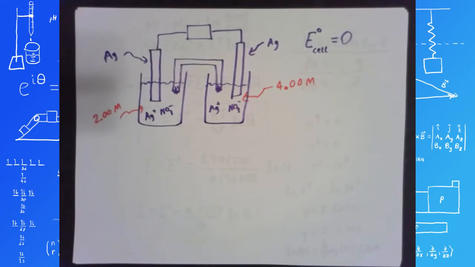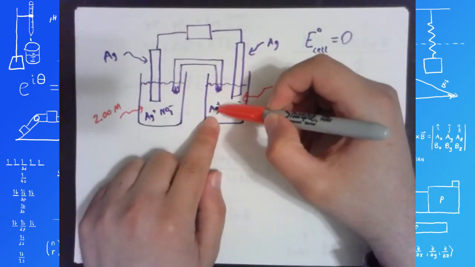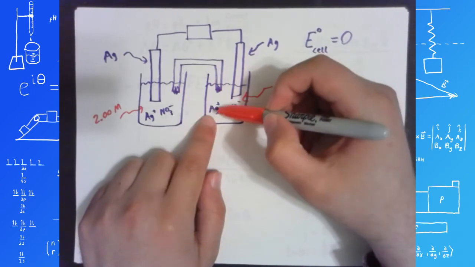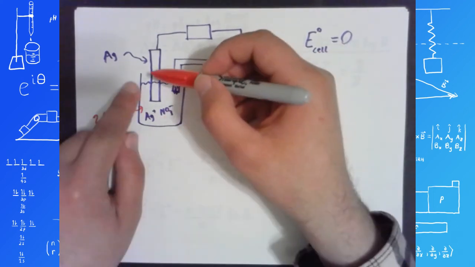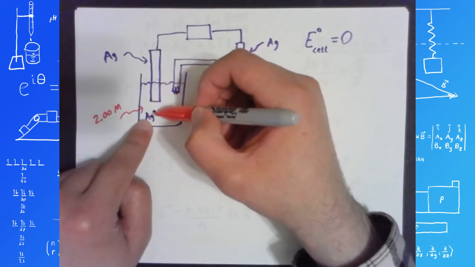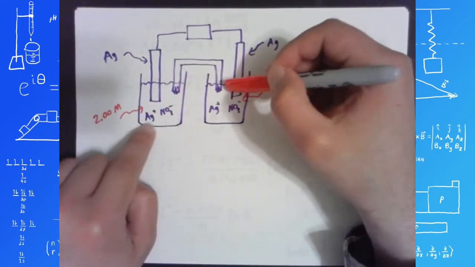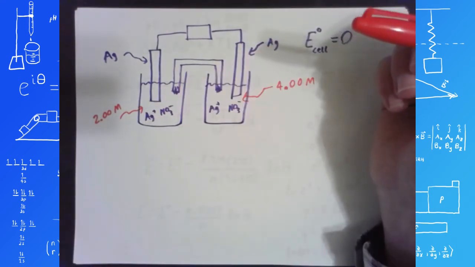Then what would happen is silver ion from here would start getting reduced and turning into silver metal, lowering its concentration. Over here, the silver metal will start dissolving, increasing the silver ion concentration, and it'll stop when they both reach a concentration of 3 molar.